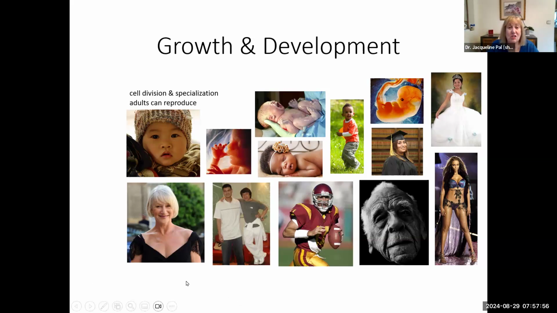And some cells can change jobs when they get new messages, just like some adults will change jobs. I change jobs. Lots of adults will have multiple jobs over their lifespan. So don't think, just because whatever you decided you were going to do when you're 16, 17, or 18 years old, you're stuck with that for the next 50 years of your life. You can change your mind. That's okay.